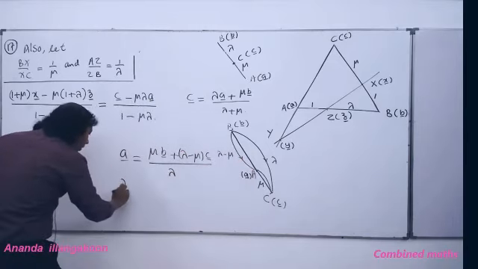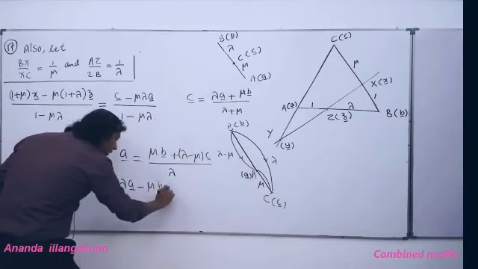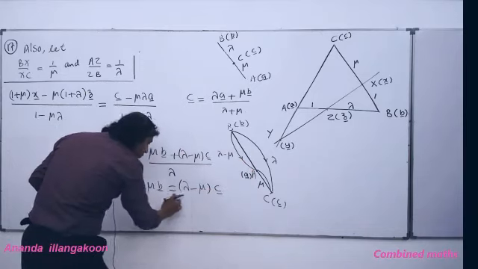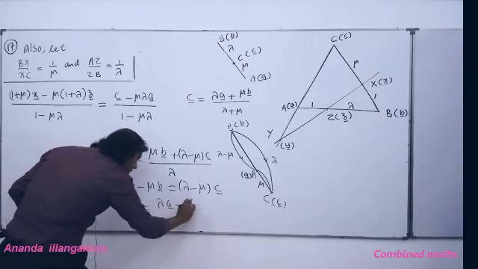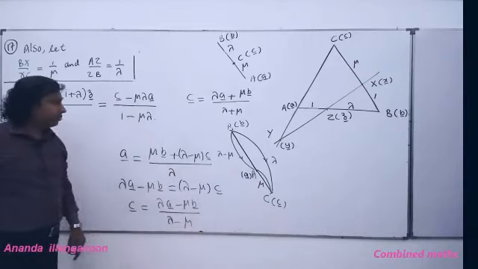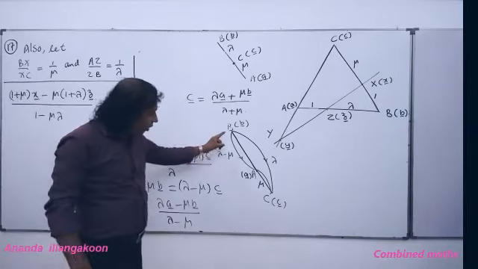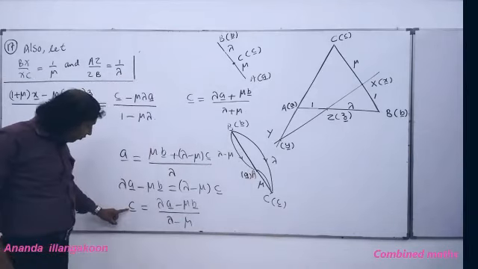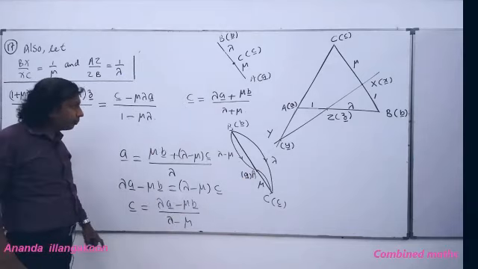Then we get here lambda A, bring this side, minus mu B is equal to lambda minus mu times C. Take this denominator, then subject C: lambda A minus mu B divided by lambda minus mu. See here, when C lies outside of this BA, then the position vector of this C comes as lambda A minus mu B divided by lambda minus mu.